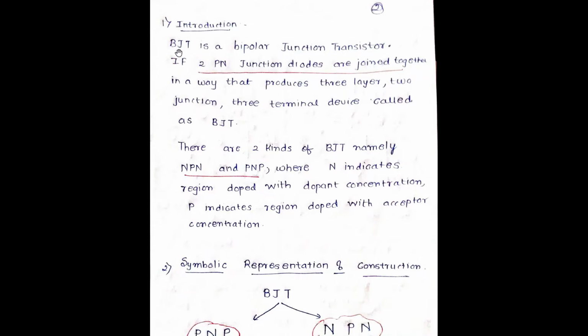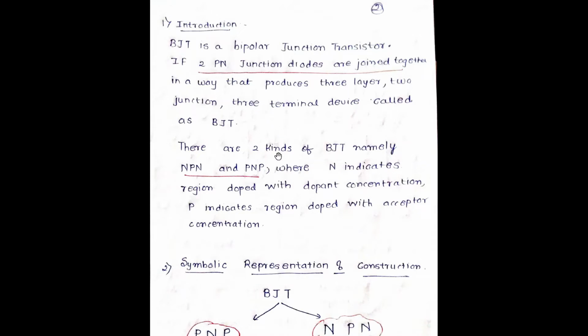In this, two PN junction diodes are joined together in a particular way that it leads to a three-layer, two-junction, three-terminal device called BJT. There are two PN junctions joined together, which causes a three-layer, obviously two-junction, and three-terminal device called BJT.